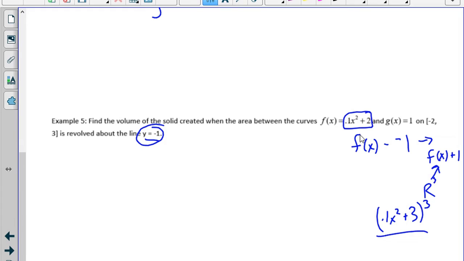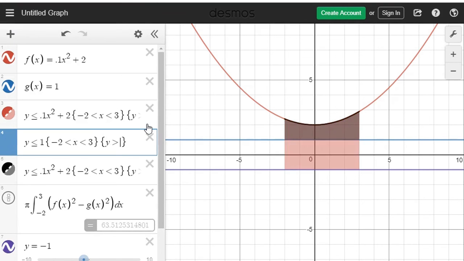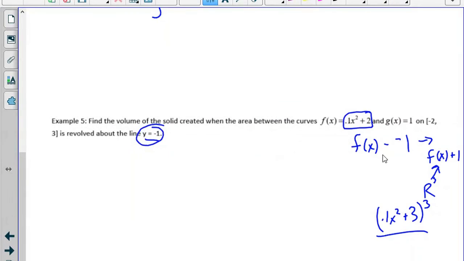If I'm looking at G in this problem, G is now no longer just 1. G is now 2 because it's going all the way down to -1. So G is not actually 2, but the radius that's associated with G is now 2. So if I'm looking at the G of x radius, or little r, that's going to be 2 squared. So little r squared will now be 2 squared.